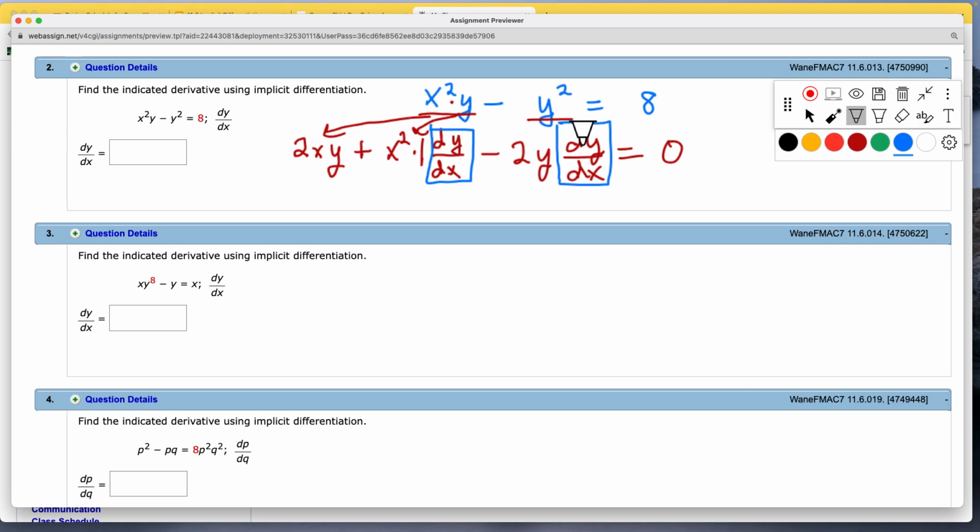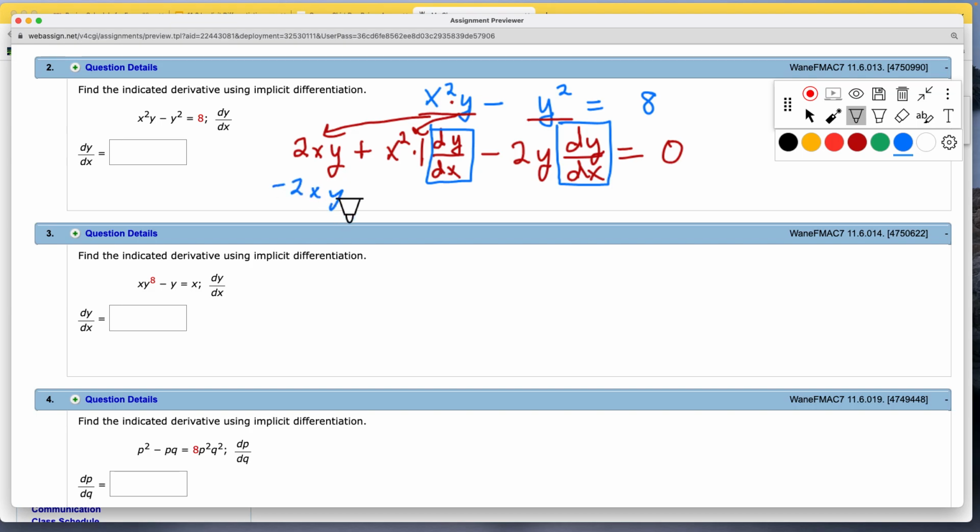So I move it to the other side, and then I will divide off whatever's in front of the dy dx. As you do these, the nice thing is each one has a similar rhythm. You take derivatives, so there's a calculus step, and then there's this algebra step where we're doing a sort of dance of moving things where they need to be.